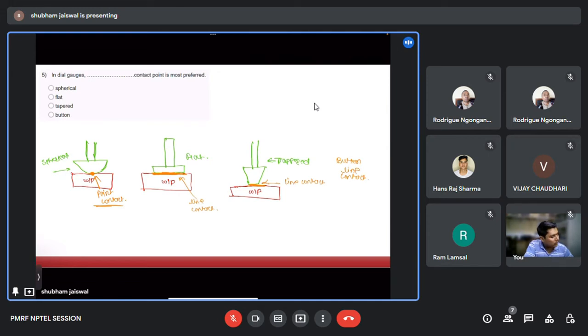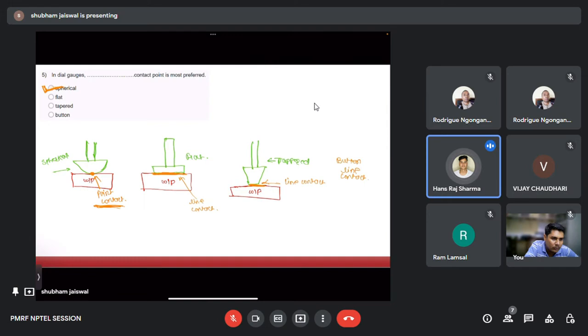So we prefer the point contact when we use dial gauges. Out of these, only the spherical one will provide the point contact. That's why in dial gauges we prefer the spherical contact point. So the correct answer is the spherical one. Any doubt in this one? Clear, sir. Okay.